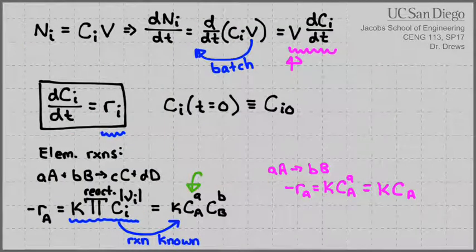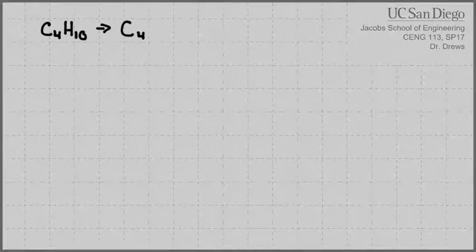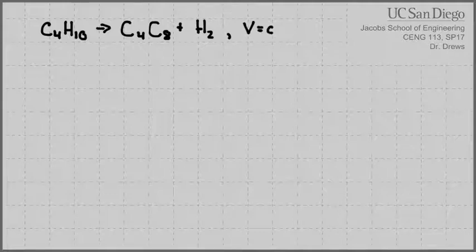If we take a simple example, I've got about 3 minutes, so we can work through one of these examples. If we're going to take C4H10 and strip off some of the hydrogen, this is called dehydrogenation. And we'll have phi is constant in a batch system.